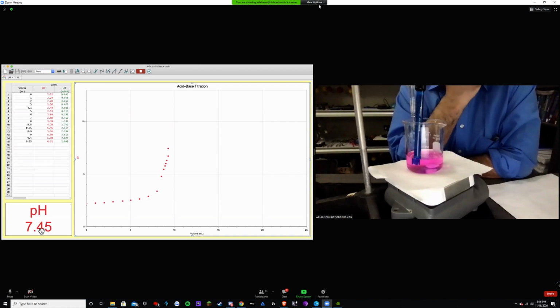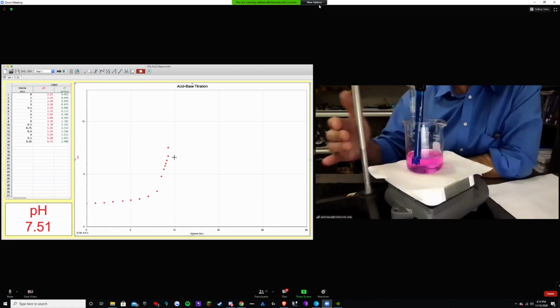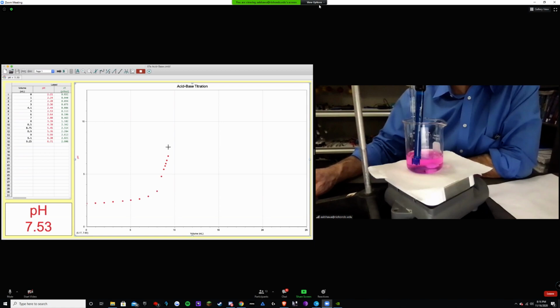It's not stabilizing. And notice what's going on on the screen. Follow that pH value. It's moving up by itself, on its own. I did not add anything. I stopped adding anything, but that point keeps on moving up and up by itself. And here's the value showing it.